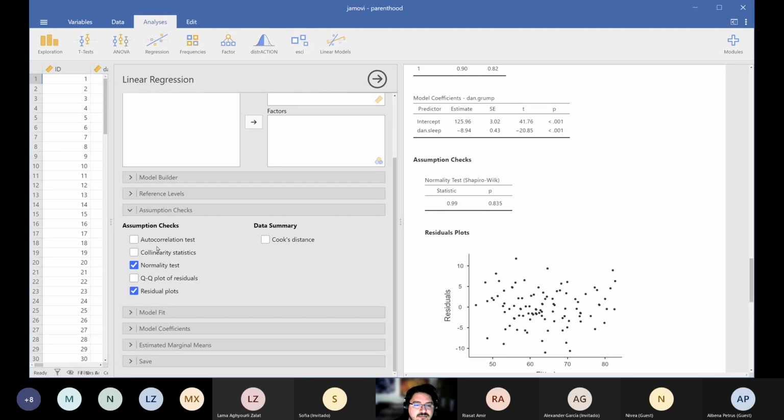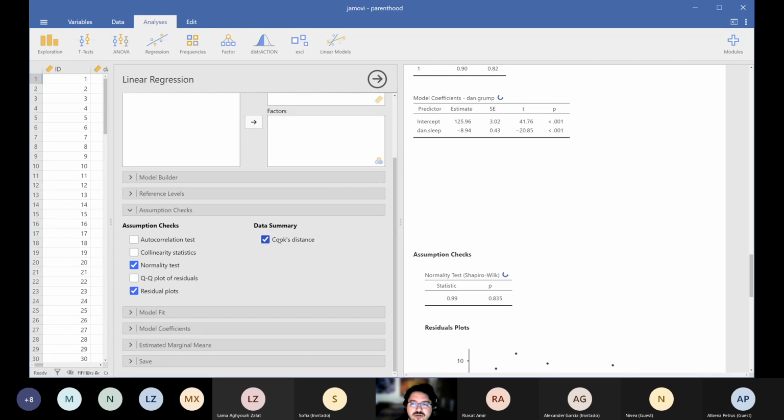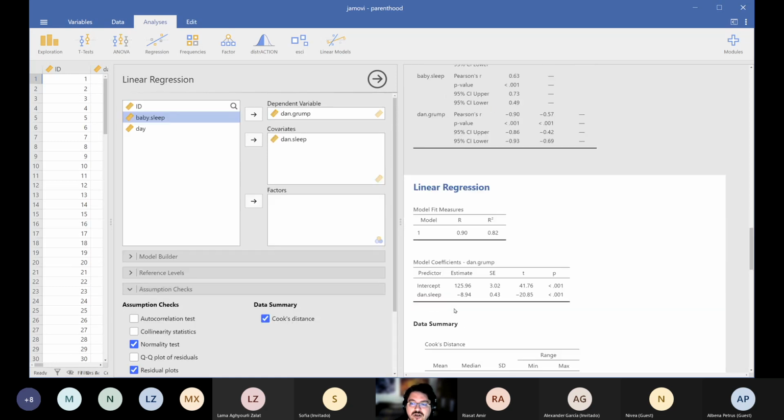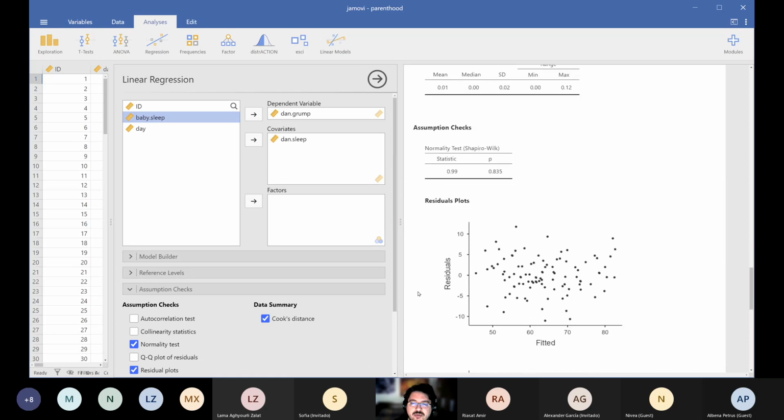Here we can also look at the Cook's distance, which is reasonably low, and I wouldn't worry about outliers here.